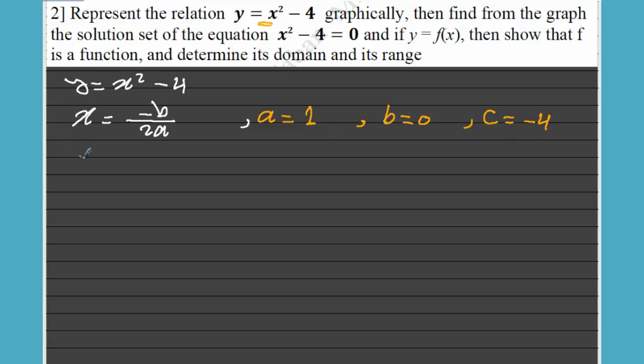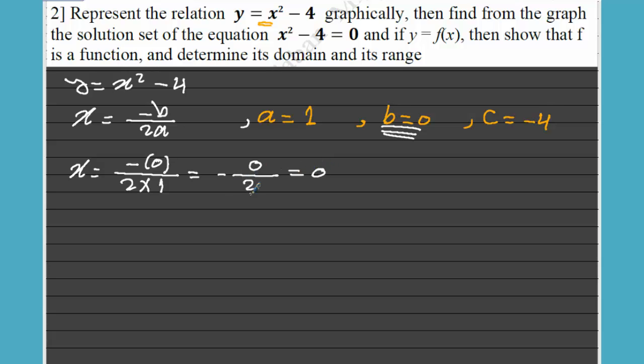So x equals negative b, negative 0, as b equals 0, over 2 multiplied by 1, as a equals 1. So the result equals negative 0 over 2, which equals 0.